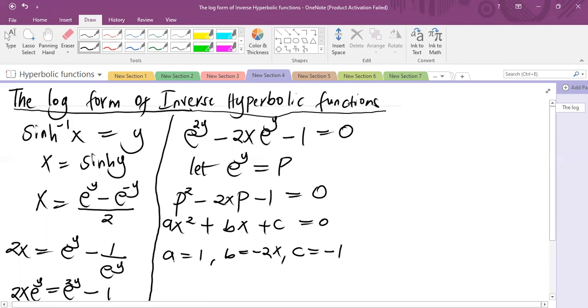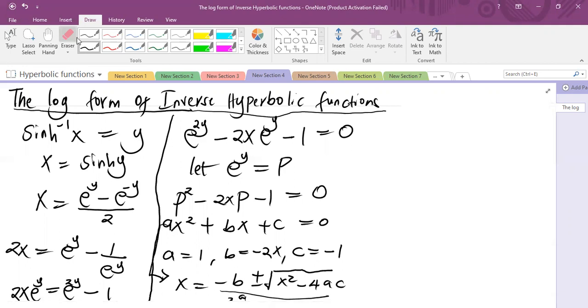So using the quadratic formula, which says that if we are evaluating the value for x, we get minus b plus or minus the square root of b squared minus 4ac, all divided by 2a.